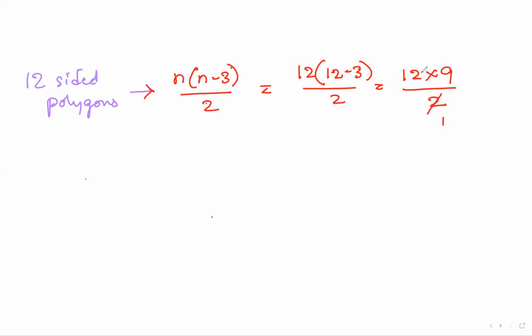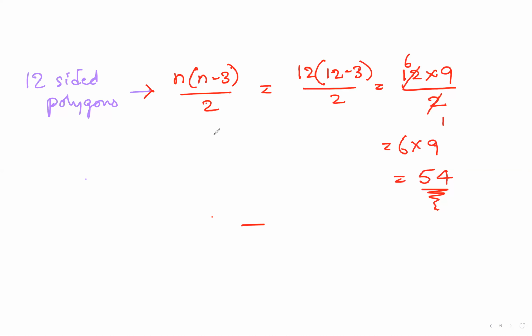So 2 ones are 2, 2 6s are 12. So that is equal to 6 into 9. So 6 nines are 54 diagonals I can draw. Understood? Do you understand, my dear students? So this is how you can find out the number of diagonals that can be drawn without drawing the diagonals.